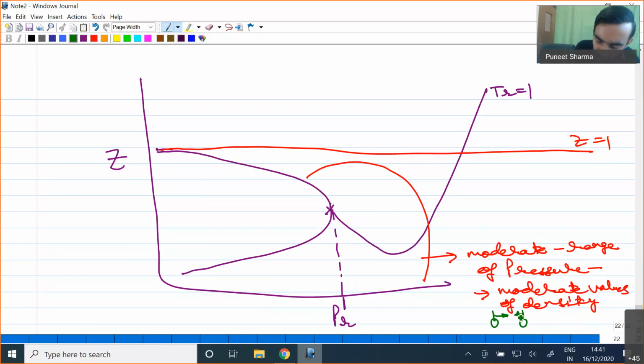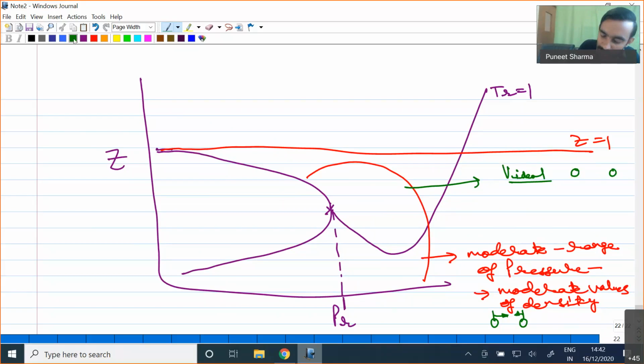If I talk about ideal gas behavior, my volume was V ideal, corresponding to the state where we are not having any attractions. If molecules are at this particular distance, they will remain at this distance because they are not having any attraction.